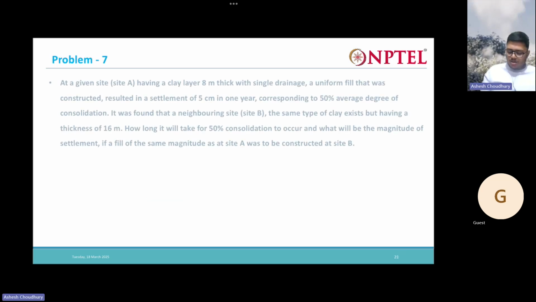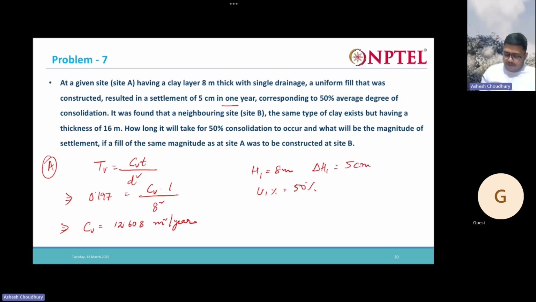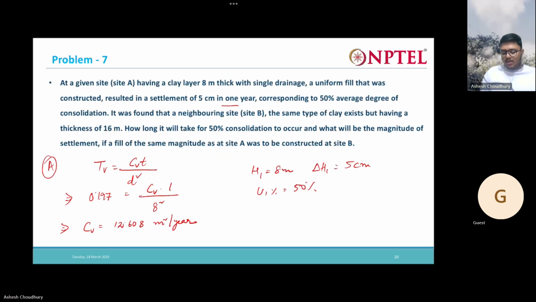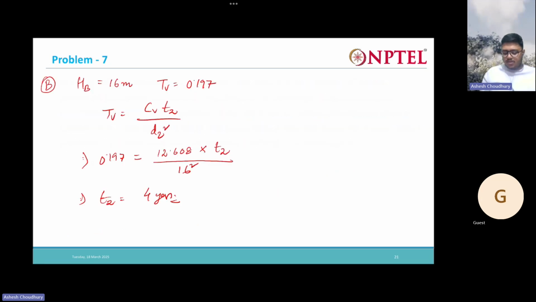So if the thickness of the soil layer is doubled, then the time required increases by 4 times. Time required initially, see here, it was 1 year, now the time required becomes 4 years. Time required also increases.